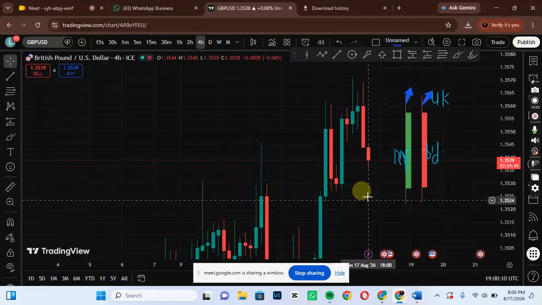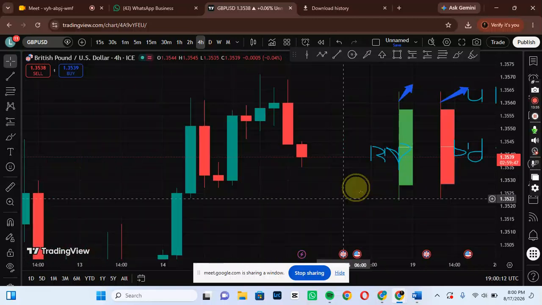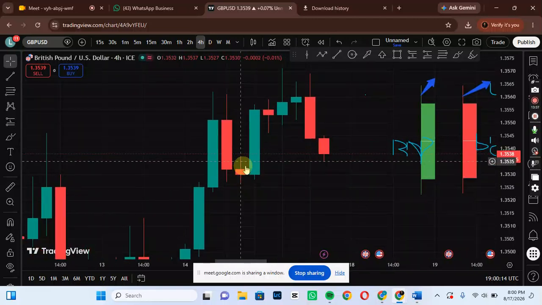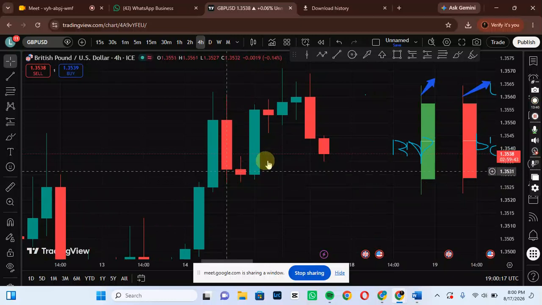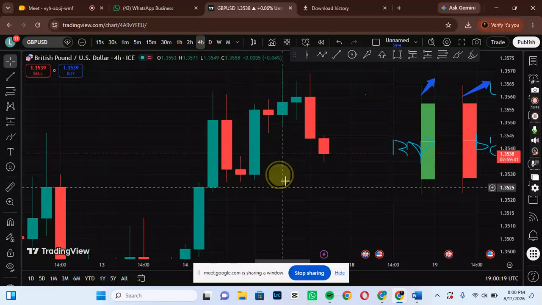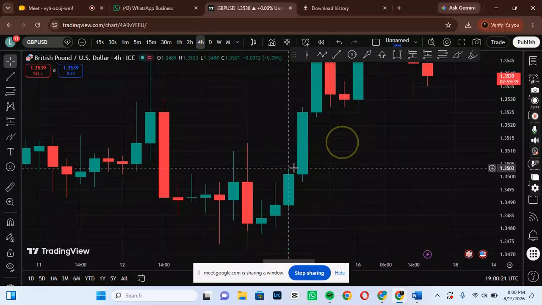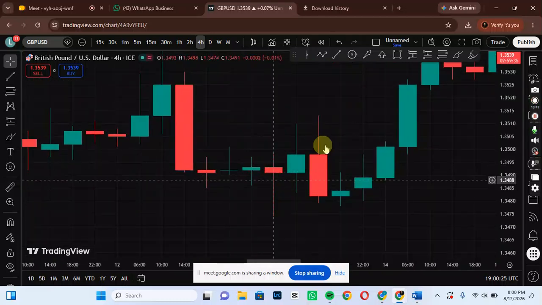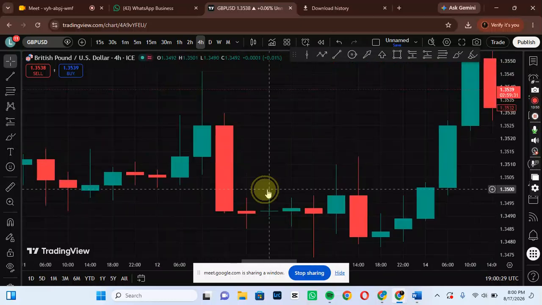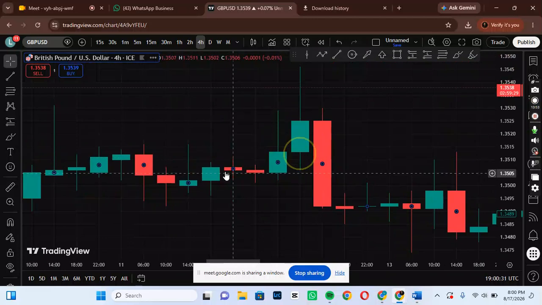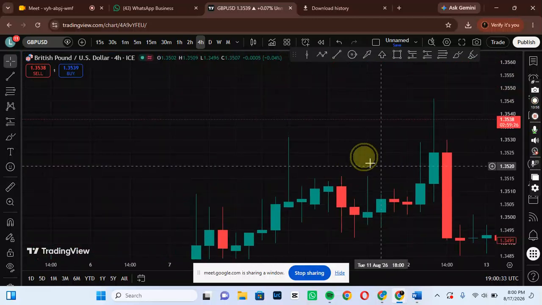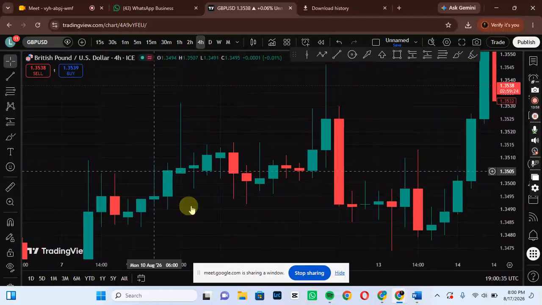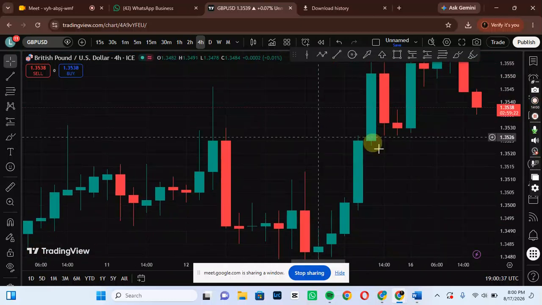That's why you need to go to your candlestick trading bible. If you've gone through the bible, you know that this is an engulfing candle. This is a bullish engulfing candle. Understand? We have the pin bar, the gravestone, the doji, the morning star, the evening star, and the pin bar, or you can call it reverse hammer.